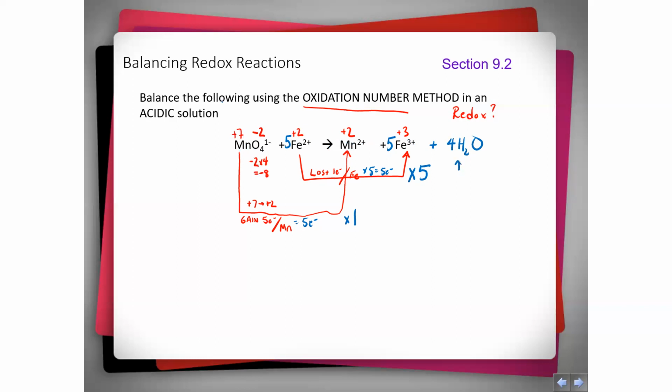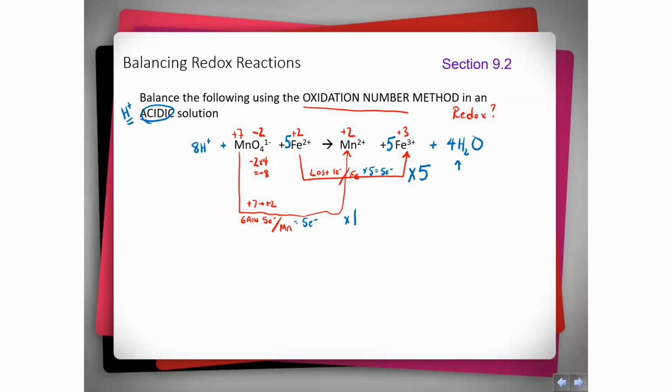Notice this is happening in an acidic solution, which means I have hydrogen ions available. So on this side of the reaction, I'm going to add 8 hydrogens. And I'm done. Am I balanced for atoms? Yes, 1 Mn, 1 Mn, 5 Fe's, 5 Fe's, 8 H's, 8 H's, 4 O's, 4 O's.